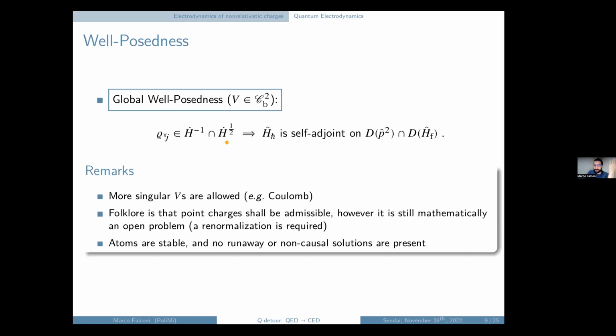We are not able to with charge distributions of this regularity. But here at the quantum level, with these charge distributions, we are able to prove that the Hamiltonian is self-adjoint on the intersection of the domain of the squared momentum operator for each particle and the domain of the free field operator.